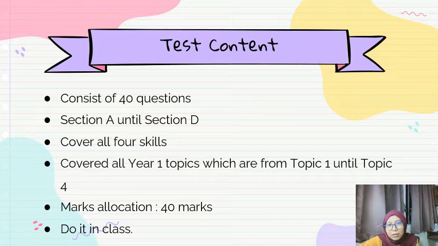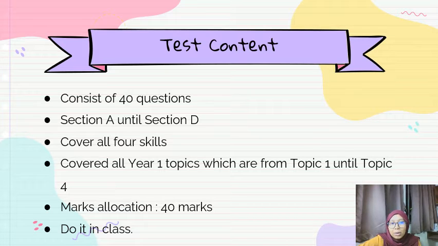Okay, next we move on to the test content, which is the content of my summative assessment. So, the summative assessment consists of 40 questions, which includes from section A until section D. And then it also covers all 4 skills, which are reading, writing, listening, and speaking.